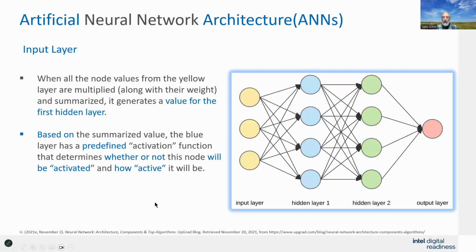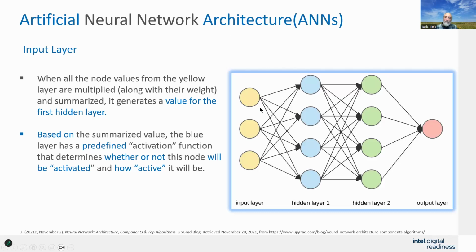That means whether or not the node will be activated and how active it will be depends. For example, use the Milwaukee to Madison thing. Now, driving out of my way to go to Appleton, unlikely to happen. It's possible, but unlikely. Taking a detour in Waukesha is probably more likely because that's just a little way off the road, not a whole lot of way off the road. And so those values help to determine.